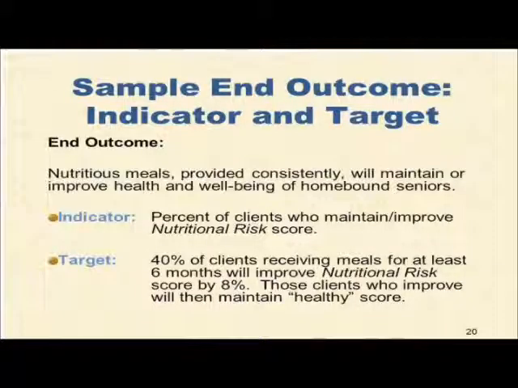And 40% of the clients who receive meals for at least 6 months will improve their score by 8%. Now, you're not saying all the clients, but only 40% of the clients who receive meals for at least 6 months. You need to have a dosage, enough time for change to take place. You're not talking about 100% of the clients.